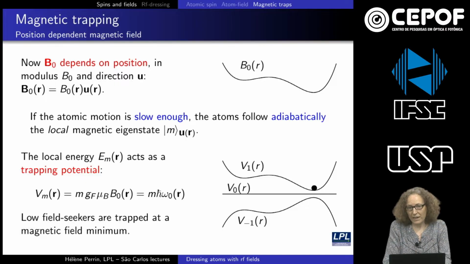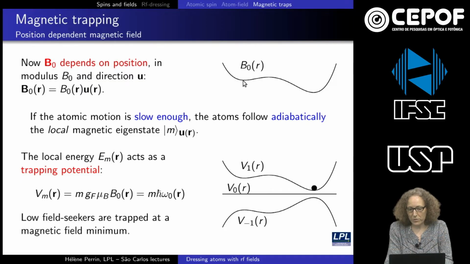So now, how can we, with that, produce magnetic traps? I have discussed the case of a homogeneous magnetic field before, but if the magnetic field depends on position, then at each point of space I have to apply the reasoning I had before. And I am exactly in the situation of the adiabatic theorem I introduced before.